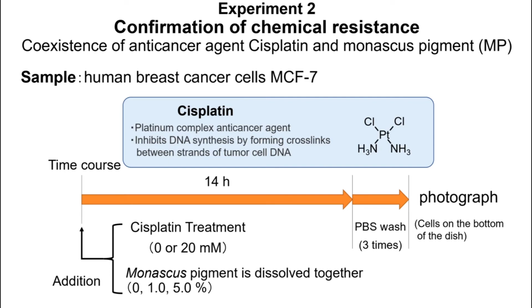Live MCF-7 cells were treated with 1% or 5% monascus pigment concentration in the presence or absence of cisplatin for 14 hours. After the cells on the bottom of the dish were washed with PBS, the cells were observed and photographed under bright field microscope.